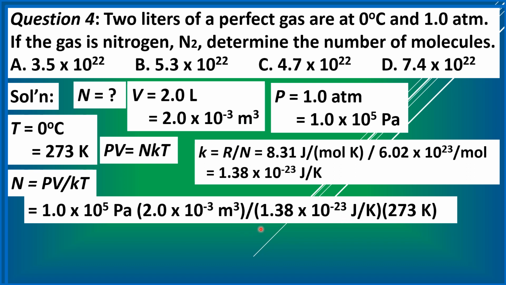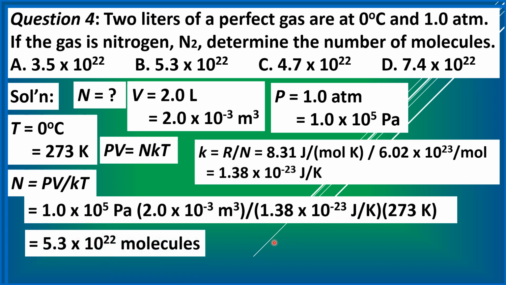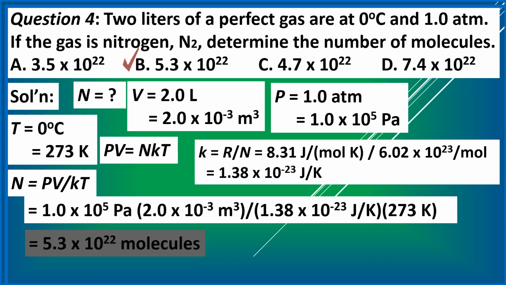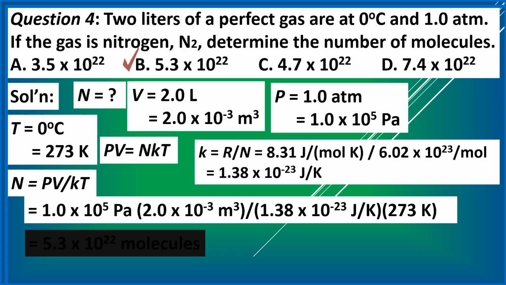So simplifying, what we get is, for the capital N, or the number of molecules of nitrogen, equal to 5.3 times 10 to the 22 molecules. That means our answer to this question is option letter B, 5.3 times 10 to the 22 molecules.